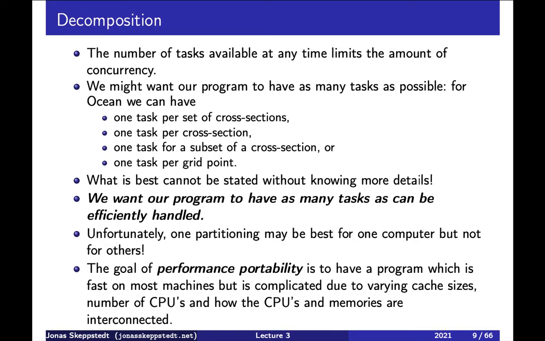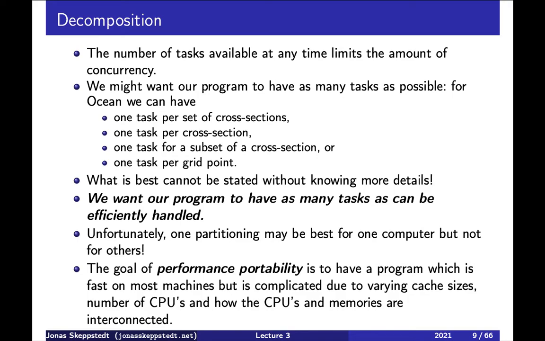So how can we divide a problem into tasks? If we look at the example of the ocean, we could have one task per set of cross sections, or one task per cross section, or a subset of a cross section, or one task per grid point. But what makes multi-core programming very complicated is that it is a performance issue, and performance is the whole point of using a multi-core.